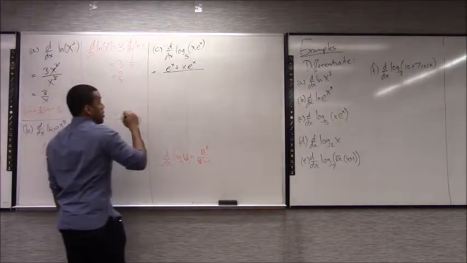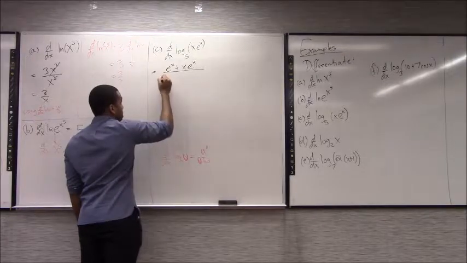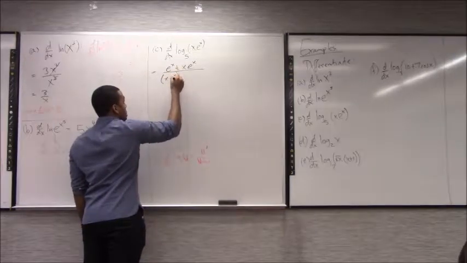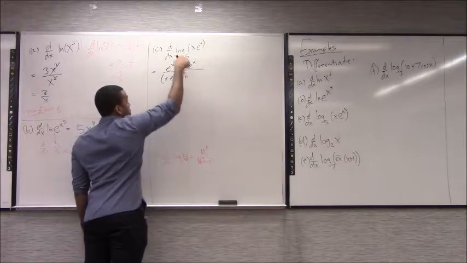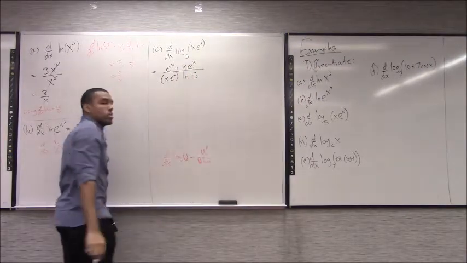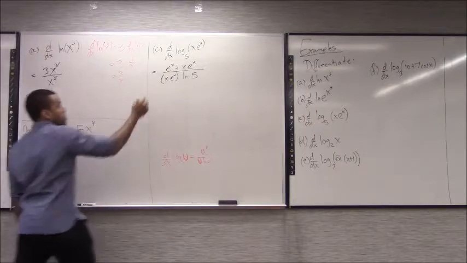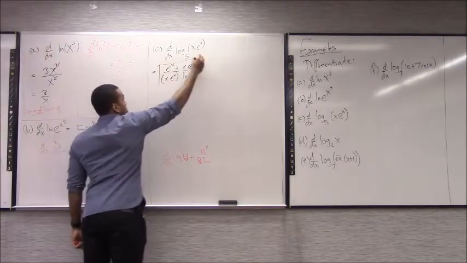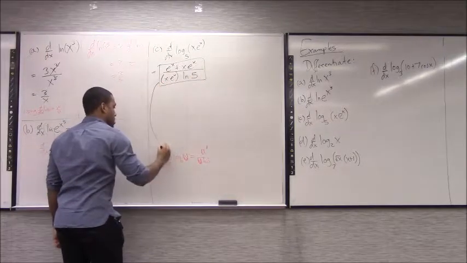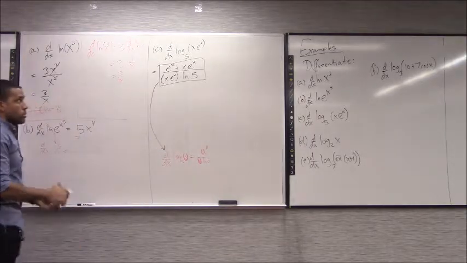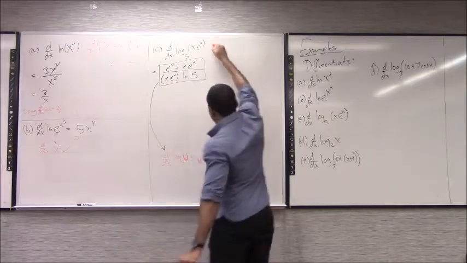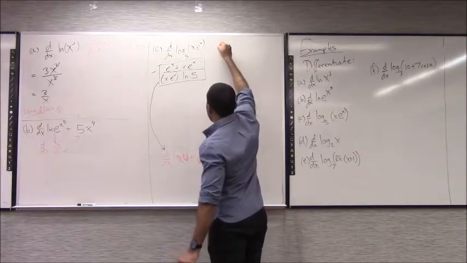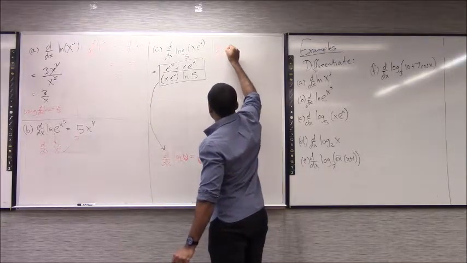Then you divide that by that thing, and then you multiply that by ln of the base, which is 5. And this is just directly applying this rule. Exactly how I would have done it, but again, I just want you to be aware of the fact that we could have done this.